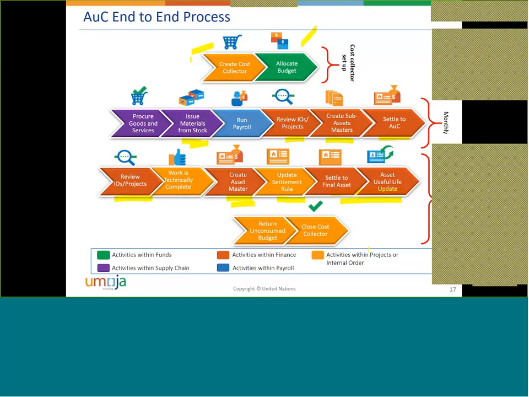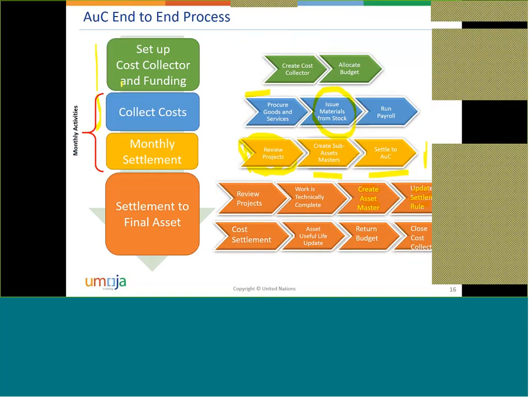Okay. So as I said before, at the end of the day or tomorrow, if you are going to study, take this slide and go through it and see if you understand the whole end-to-end process phase by phase, and if you understand in general terms each of these steps.